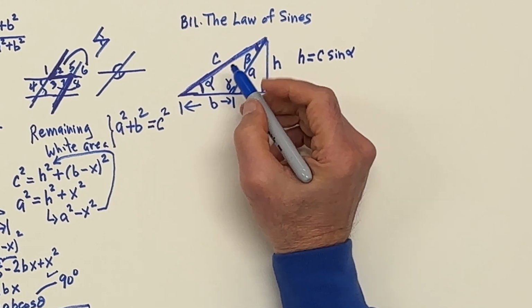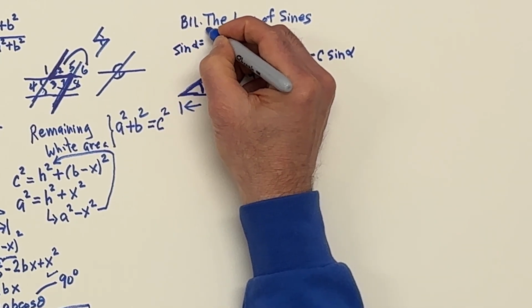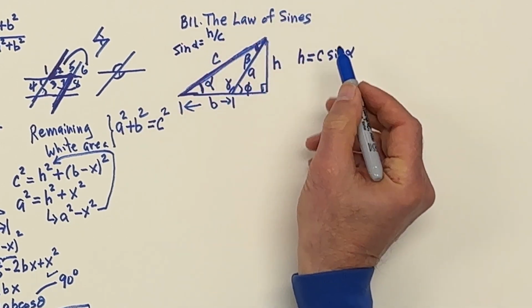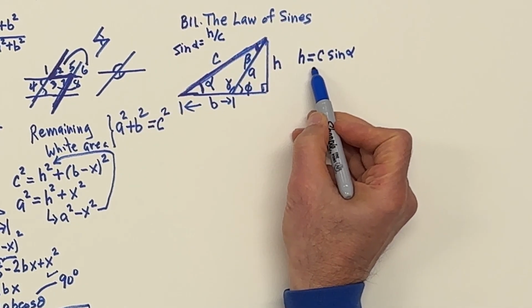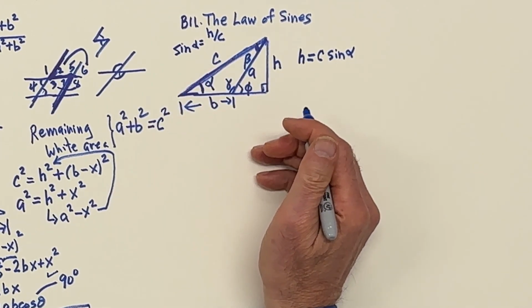So the sine of alpha would be H over C, but we're going to write that as H is C times sine of alpha.